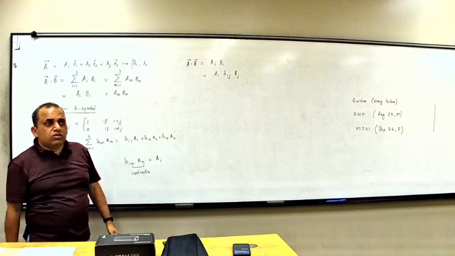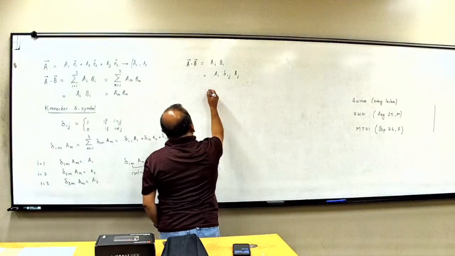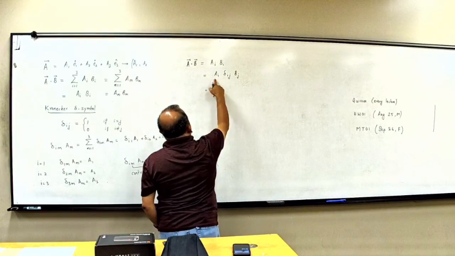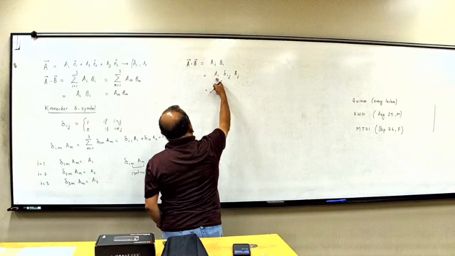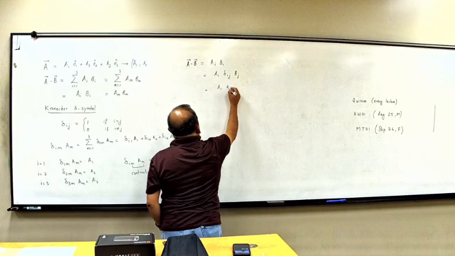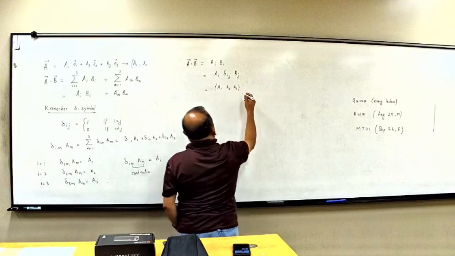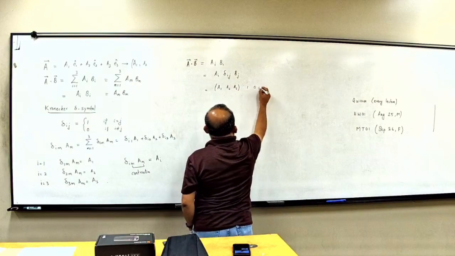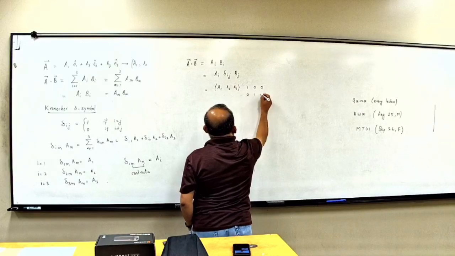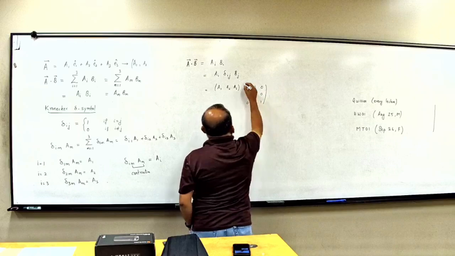That's also the same. If you want to see this in matrix notation, you can think of this as a transpose of a vector, so that's a1, a2, a3. δij is a matrix, or you can imagine that to be a matrix.